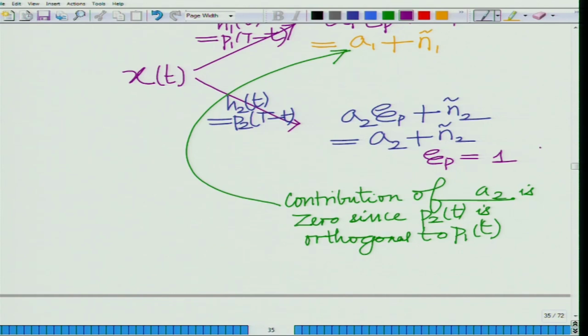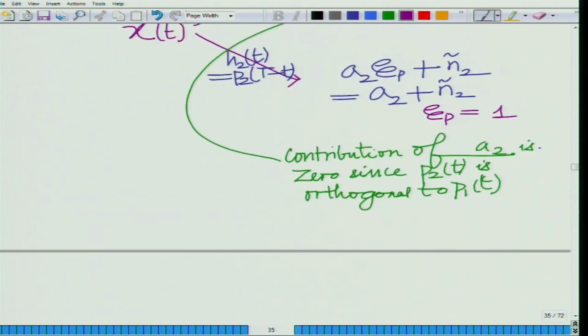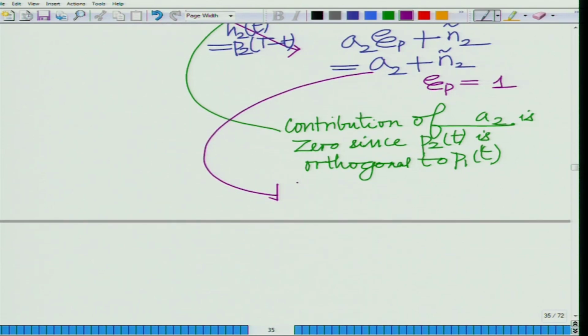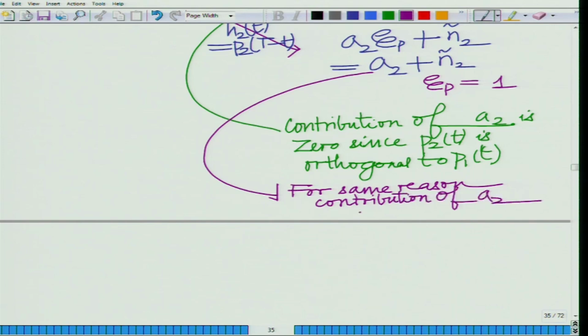Okay. And again here, for the same reason, the contribution of A1 is 0, same reason in the sense that P1 t is orthogonal to P2 t.